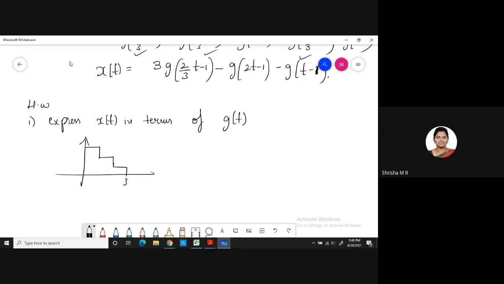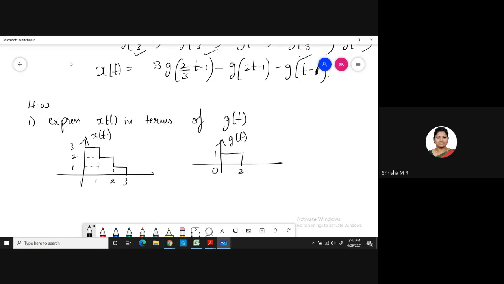So this is 3, this instant is 2 and this instant is 1 with an amplitude. This is 1, this is 2 and 3. This is your x of t, and g of t is a signal which exists from 0 to 2 with an amplitude 1. You try this, okay?